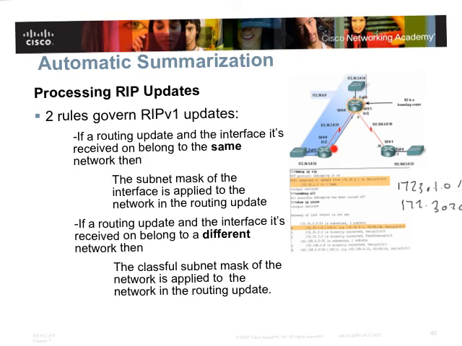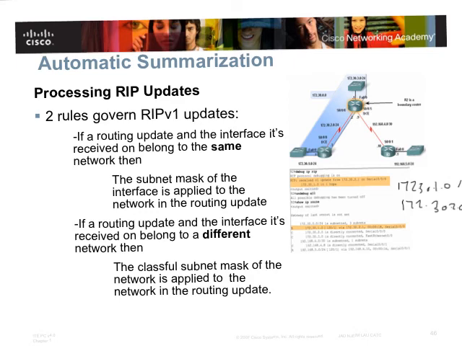So R2 will send a route update which will contain an entry 192.168.5.0. R1 will ask itself, does this route entry exist on the same major network as my interface? No. So I will use the class of the incoming route entry as the subnet mask, which in that case happens to be /24. Okay? So that's how it works.